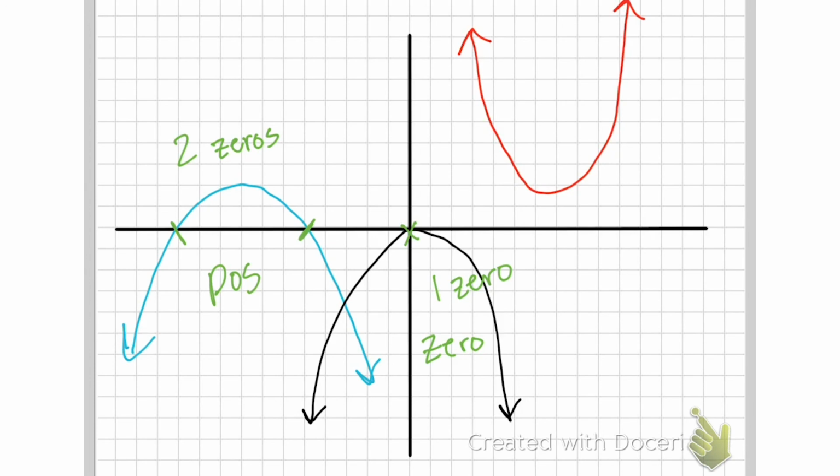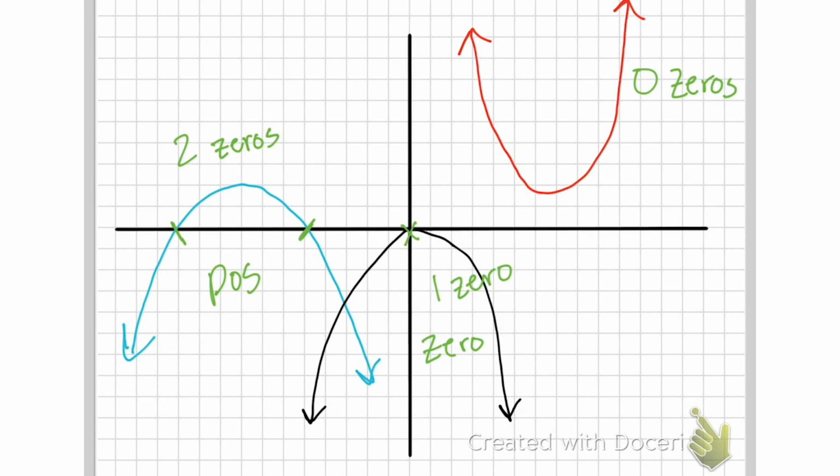All right, and then this last one, notice this guy the vertex is above the x-axis and it never crosses. It never crosses my x-axis here. So how many zeros are there? Well, none. There are 0 zeros. Or 0 solutions.